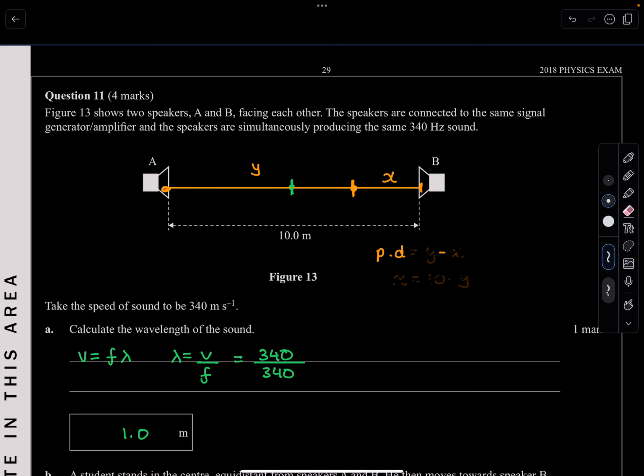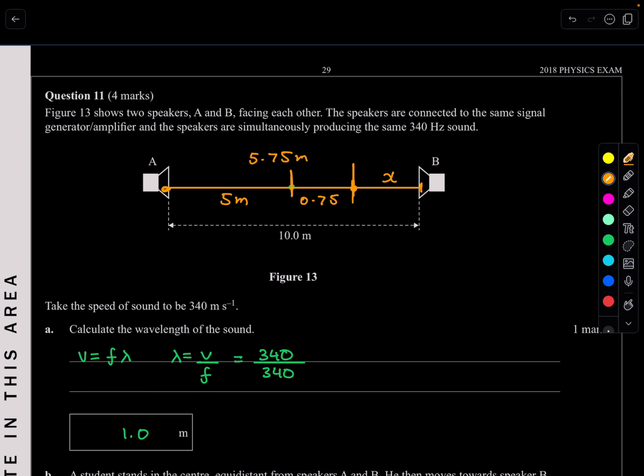So let's come back to this and understand what's happened. All right, let's rub these out. So I found that the distance from here to here is 5.75. I know this is the center, which is 5 meters. So the rest of this has to be 0.75 meters.